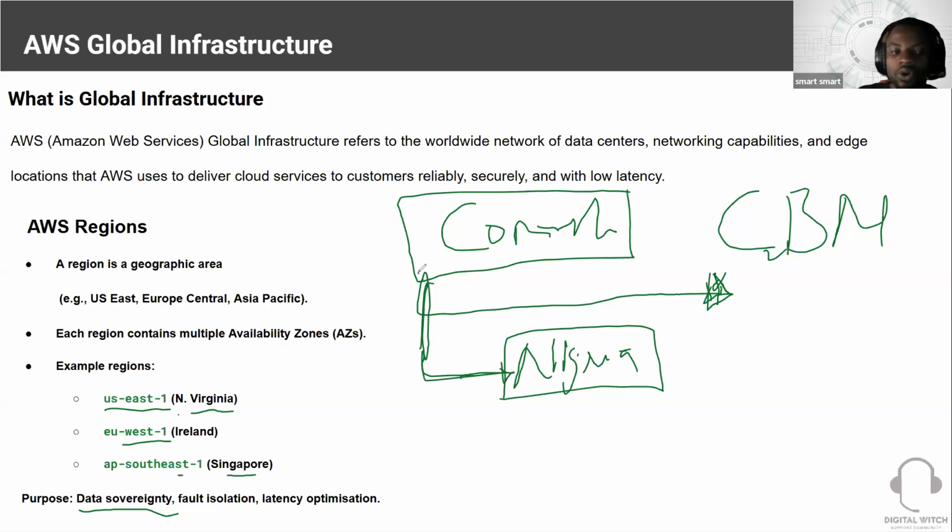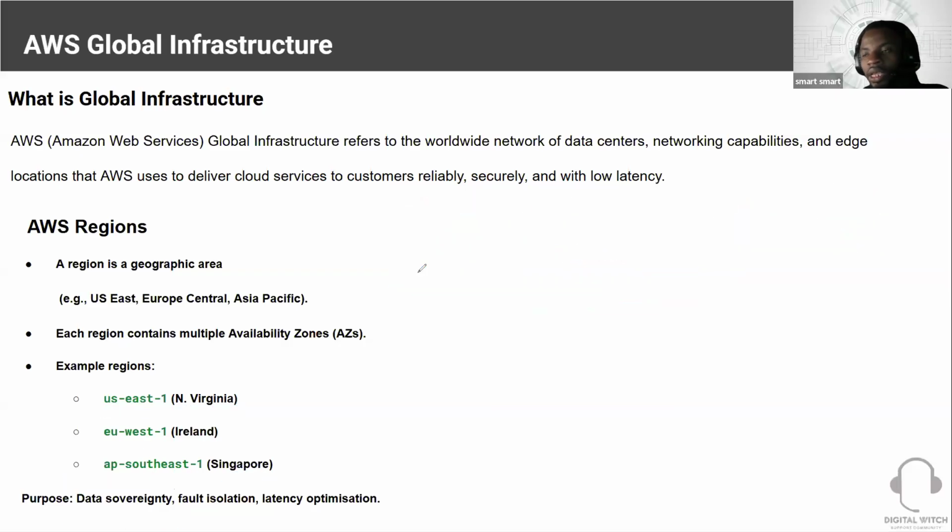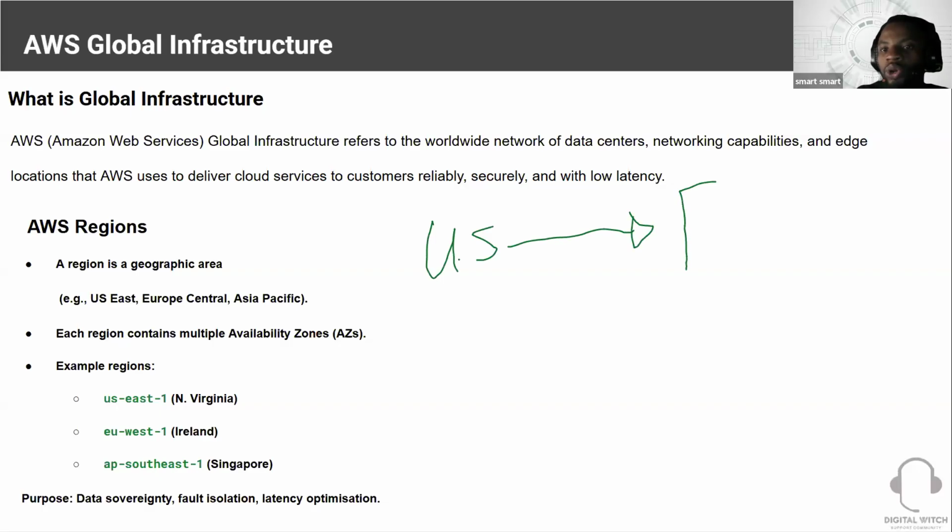Why? For data sovereignty. Are we there? Data sovereignty. Some of you may have companies reaching out to you. Sometimes you want to apply for a US job, and some of them will say you need to come to the US. They provide a visa for you so you can apply and come over to the United States for some major roles like data science, DevOps, DevSecOps, cybersecurity, and all those things.